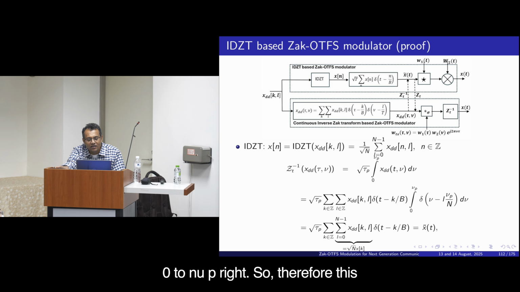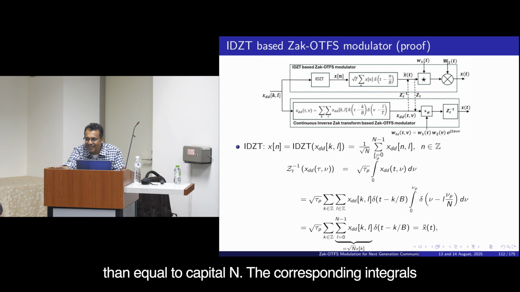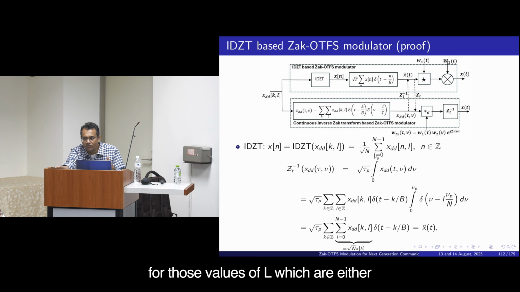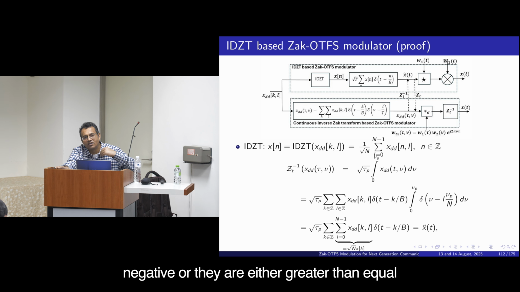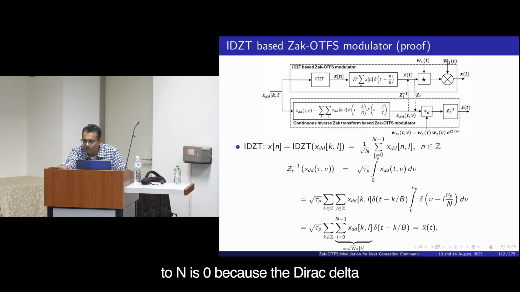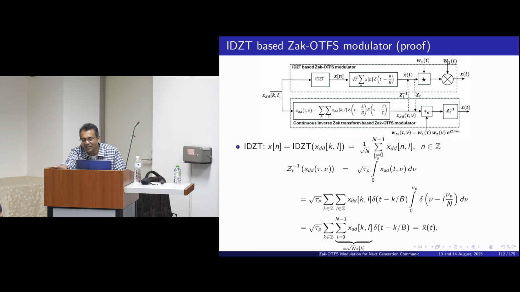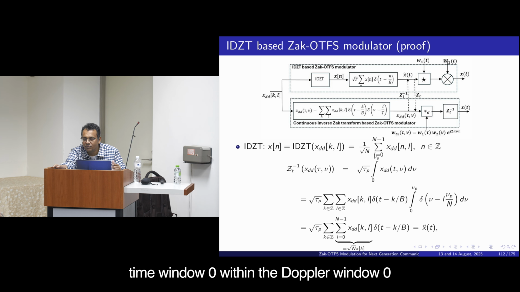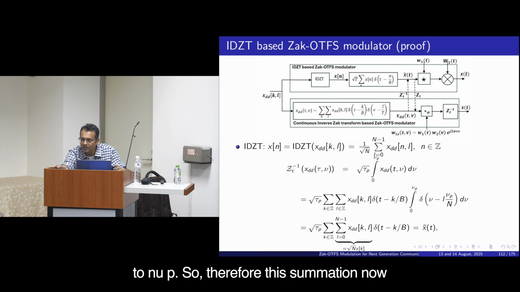So, therefore, the terms in this summation over small l where L is either negative or L is greater than or equal to capital N, the corresponding integrals are 0, because the Dirac delta in those cases is not located within the Doppler window 0 to nu p.